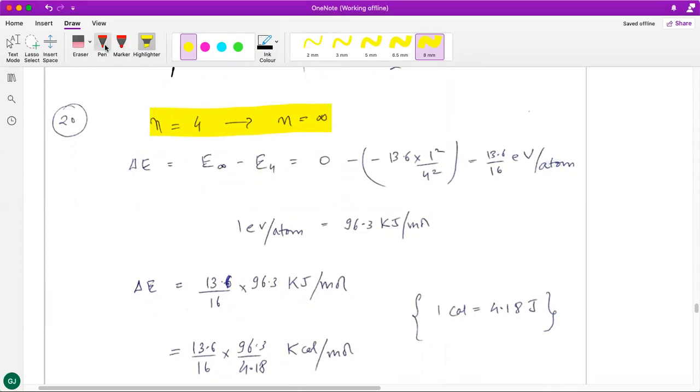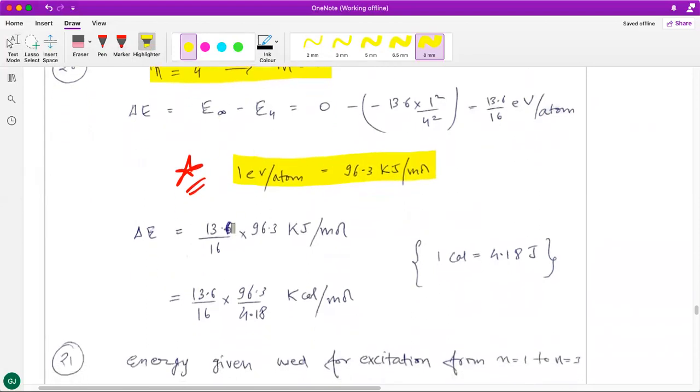Now, many times I have used this interconversion formula. If you don't remember it, I would advise you to remember it for faster calculation. The energy value that I calculated was in electron volts, and it was for a single atom. But if I have to do this calculation for a mole of atoms and report it in kilojoules, then this is the interconversion factor that I should use.